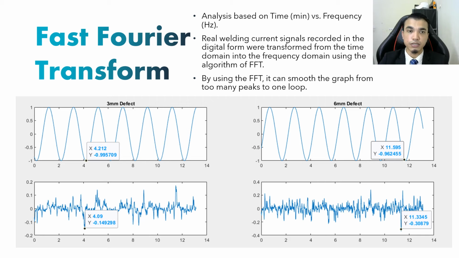As you can see from the graph, the 3 mm defect at 2 Hz to 4 Hz has too many peaks. And by using FFT analysis, it can minimize it to one extreme. As each welding power source has its characteristic spectrum signature, it is possible to try to identify the type of source based on the frequency spectra. This would, however, require further research.